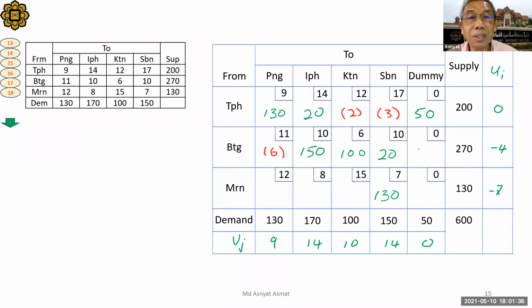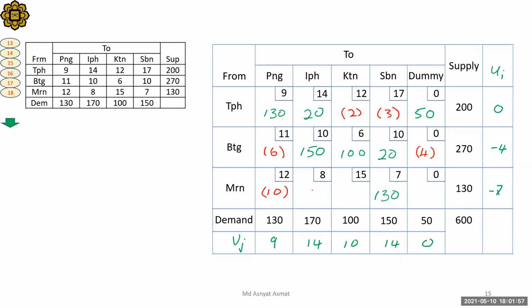Then here, Bentong to Dami, 4. Maran to Penang, 10. Maran to Ipoh, 1.